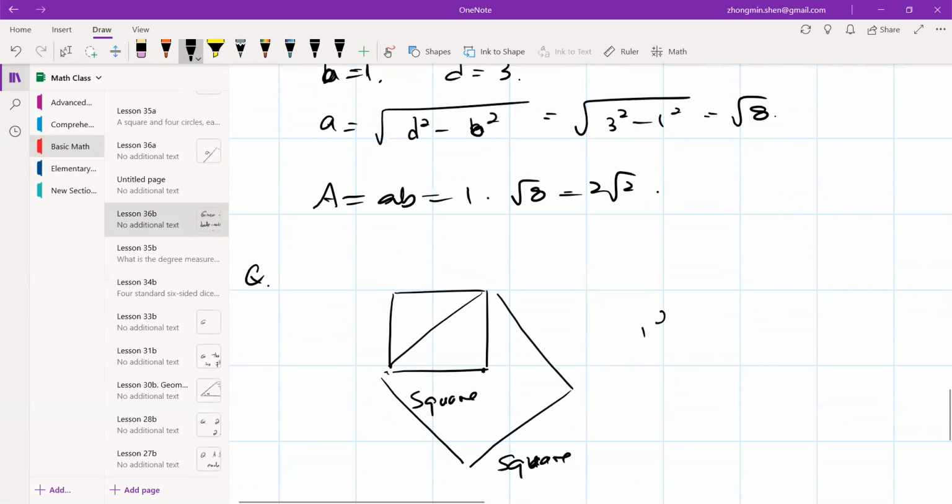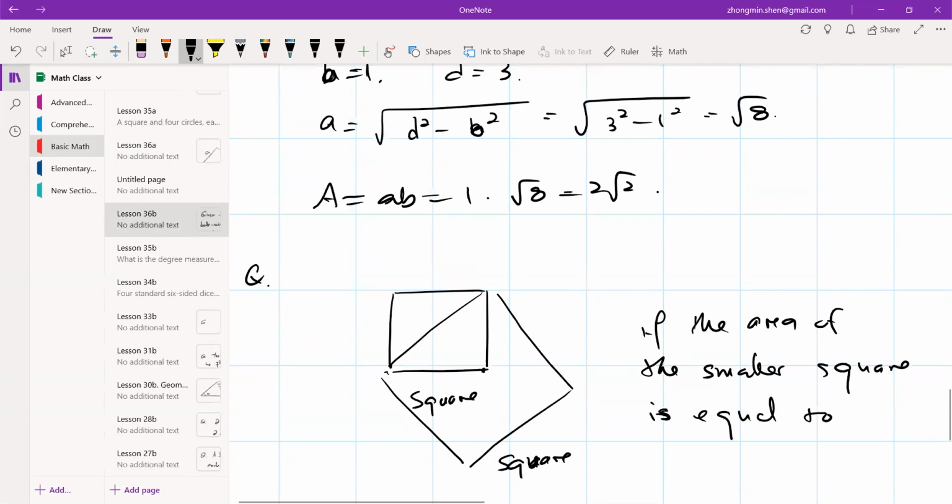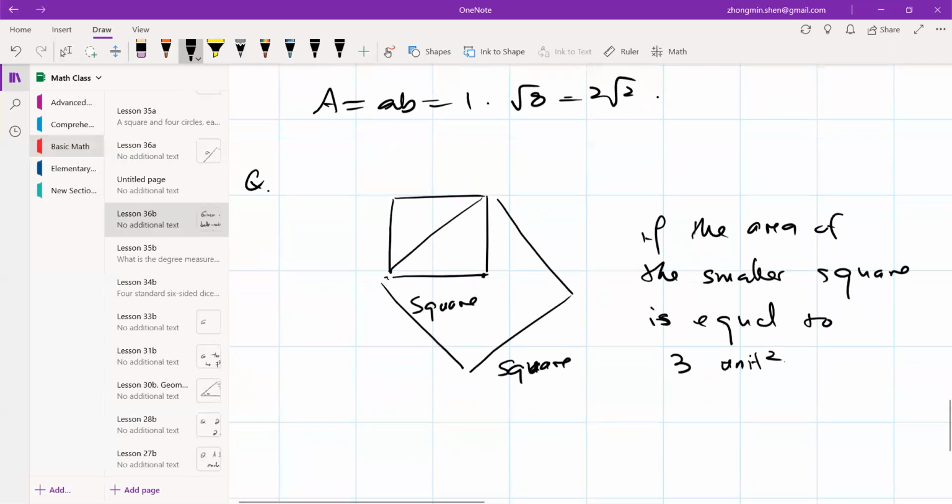If the area of the smaller square is equal to 3 square units, what is the area of the largest square?